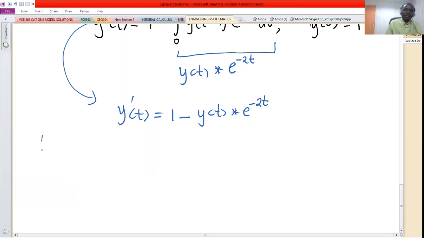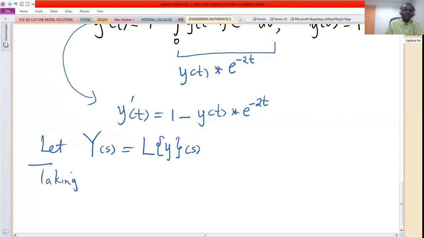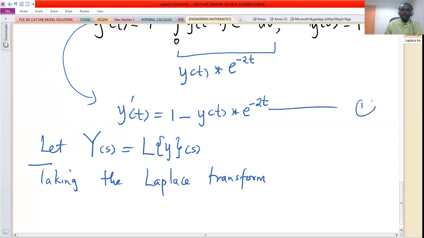So we let capital Y of s be the Laplace transform of the function y of t. We know that will be a function of s. Let's call this equation 1.